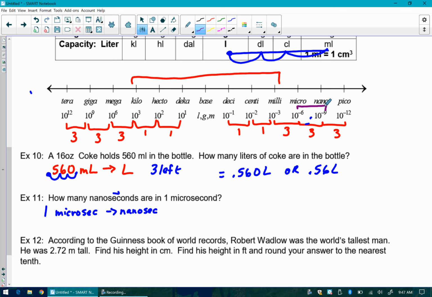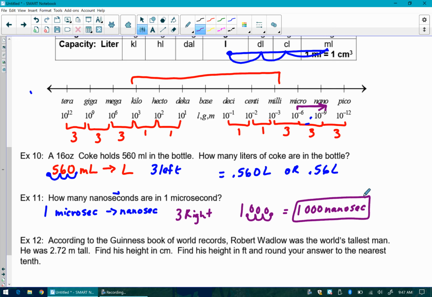I'm moving physically 1 spot, but I'm really going to have to move my decimal 3 places, and since I'm going from micro to nano, I'm going to the right, so I'm going to move my decimal 3 places to the right. So I have my 1 here, my decimal sitting here at the end, and I'm going to go 1, 2, 3 places, and you just insert zeros now. So 1 microsecond is equivalent to 1,000 nanoseconds. Final answer.